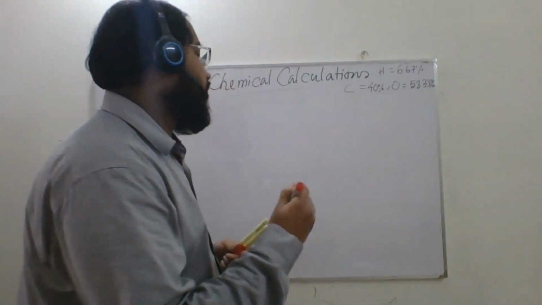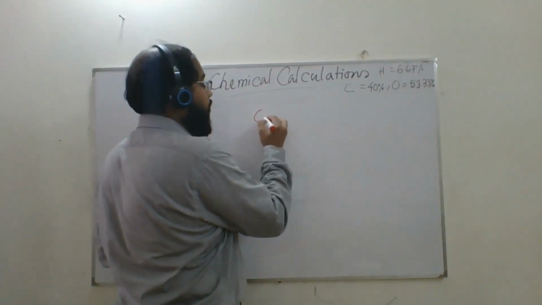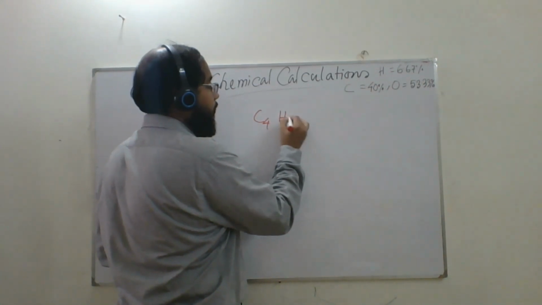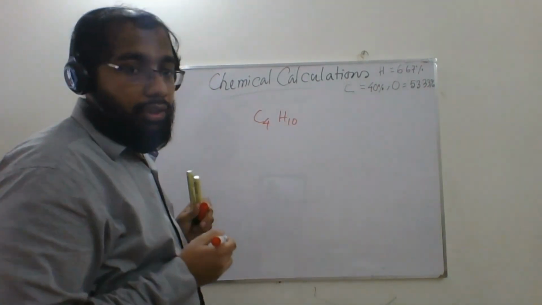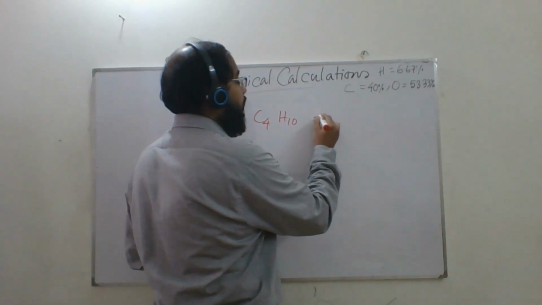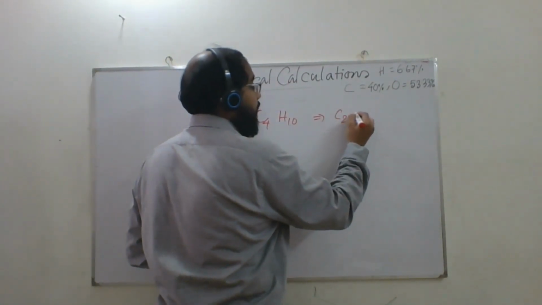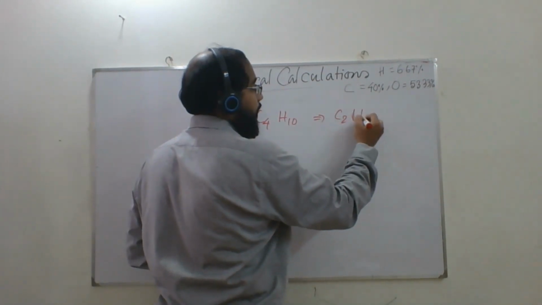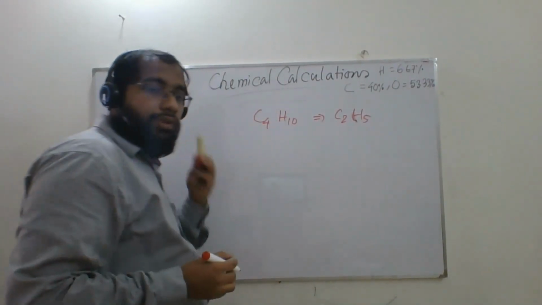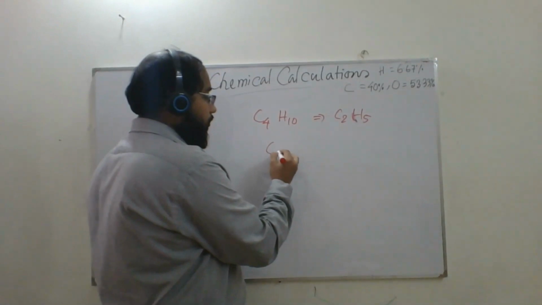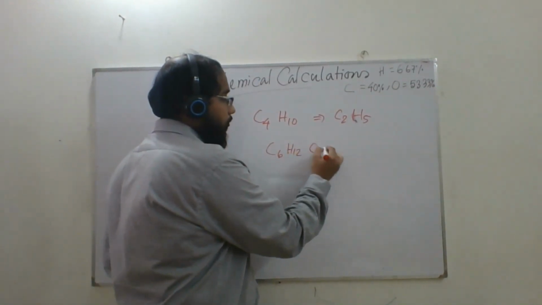If we consider a compound like C4H10, this is the molecular formula. Now what is its empirical formula? The simplest ratio we can write is C2H5, or you can consider glucose C6H12O6.